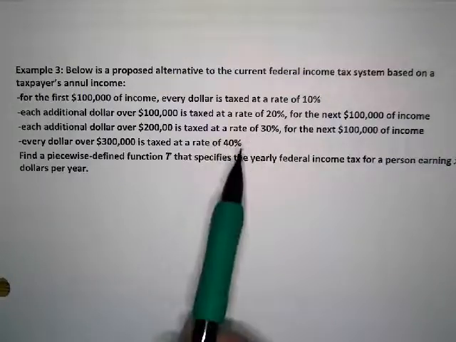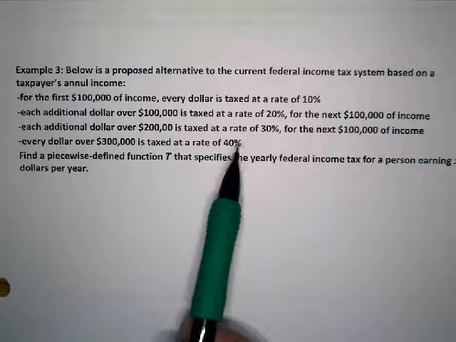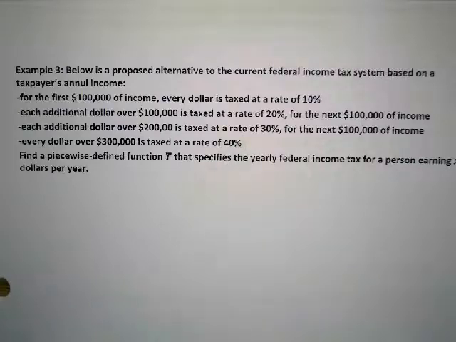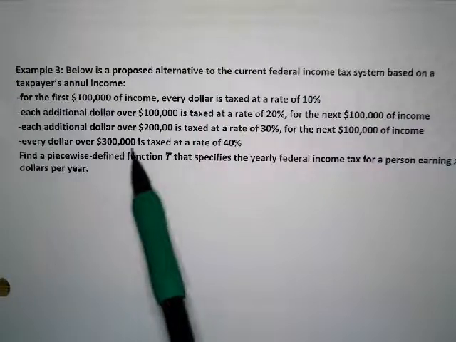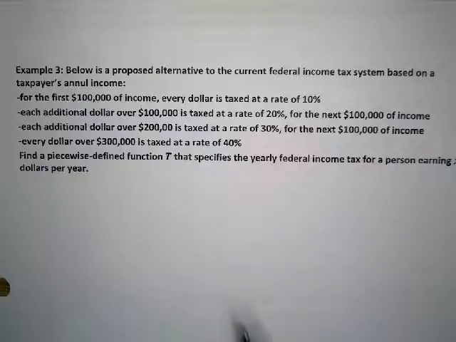The second $100,000 would be taxed at 20%, and then the next $65,000 would be taxed at 30%. So they would have 3 income tax rates for the amounts of money that they make. Do you see why they don't do this in taxes? Do we see why they don't? Okay. Yeah. It's kind of complicated. And then they say every dollar that is over $300,000 that they make is taxed at a rate of 40%.